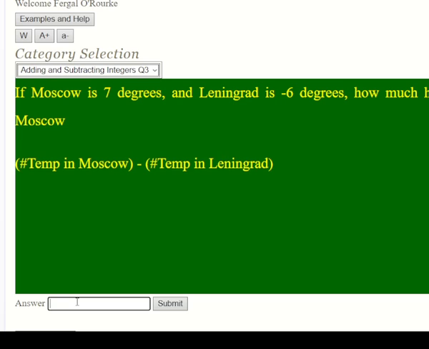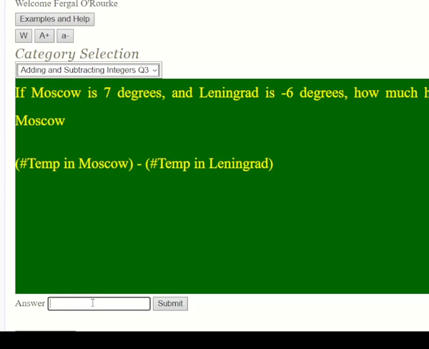Now this is where we come up with some interesting things. If you're subtracting a negative number, now normally you wouldn't really do this, but when you've got a formula, you end up subtracting negative numbers. So you have got 7 and you're subtracting negative 6. If you subtract a negative number, that's the same as adding it.